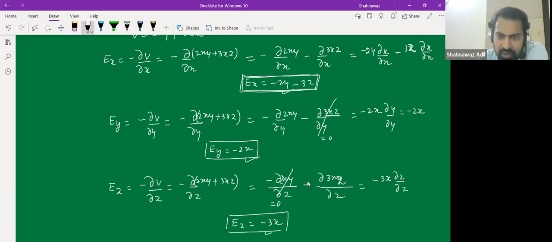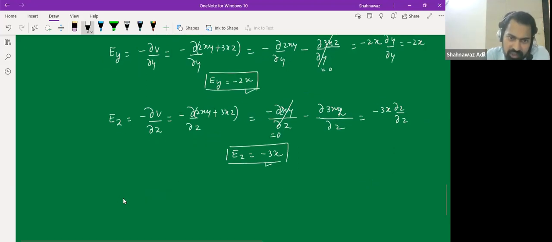Now we have calculated all three components. So we can calculate the electric field. Ex i plus Ey j plus Ez k.